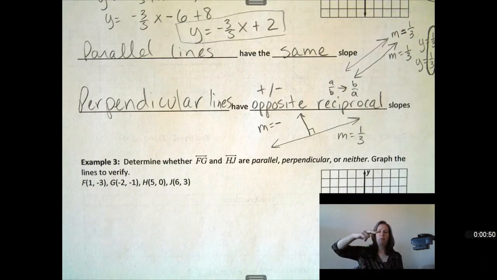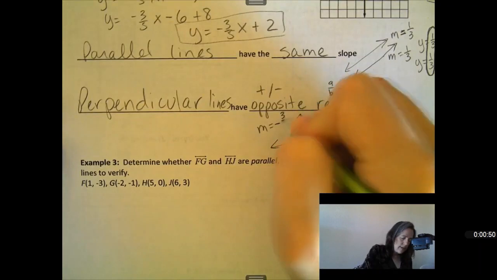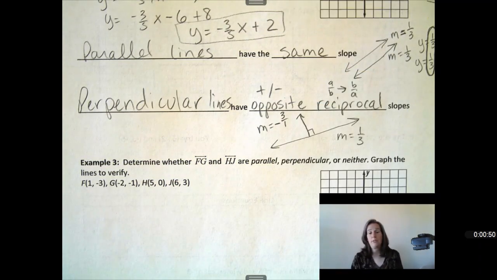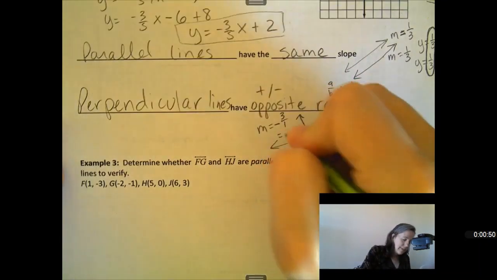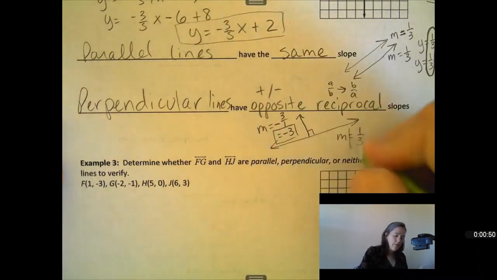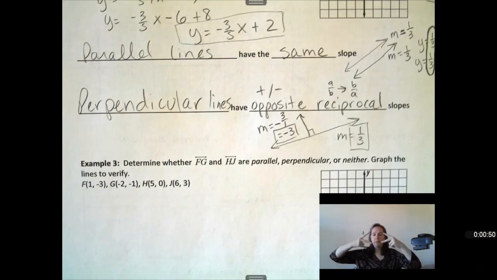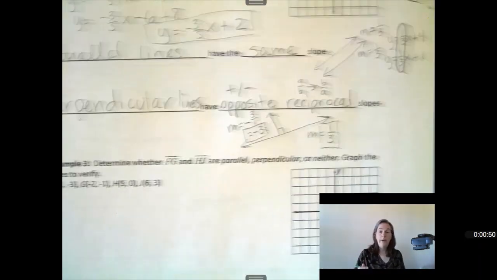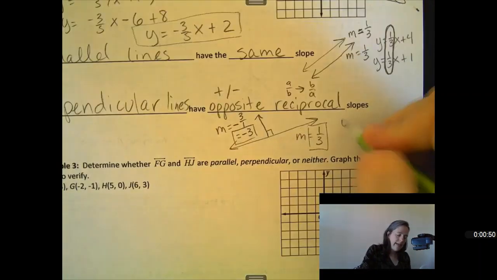And then I have to switch what's on the top and what's on the bottom. So 3 goes to the top, 1 goes to the bottom. Another way we could write that is just -3. If there's a 1 on the bottom, then it can just be written as -3. Those are opposite reciprocals.